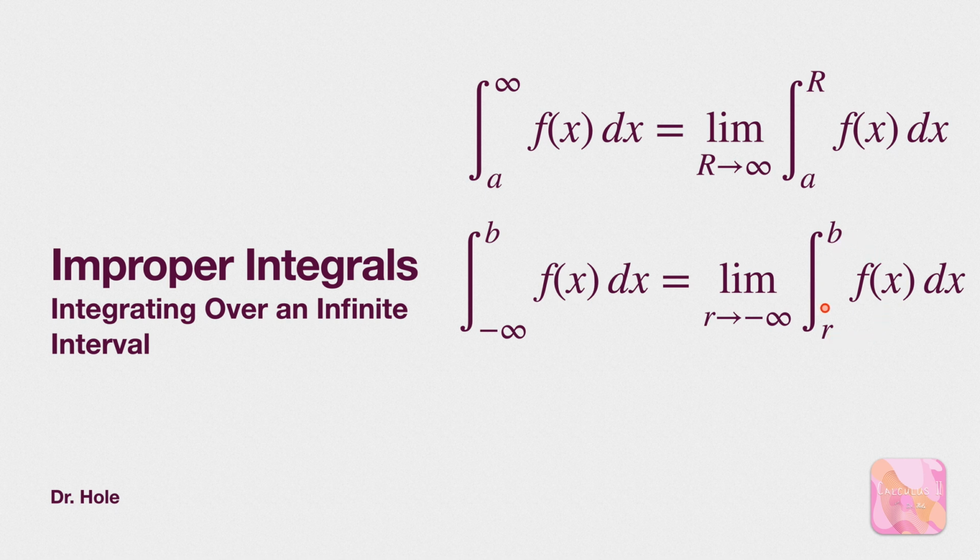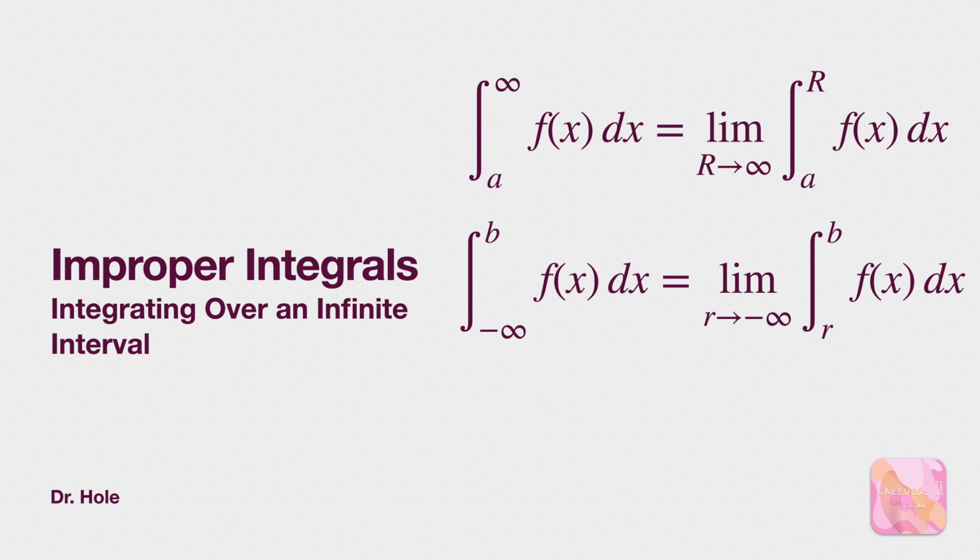And consider what area is then defined. Let that process repeat ad infinitum. And if that area tends towards a definite value, then this right-hand side limit will exist as a finite number. And then we will have evaluated the improper integral with lower bound negative infinity.